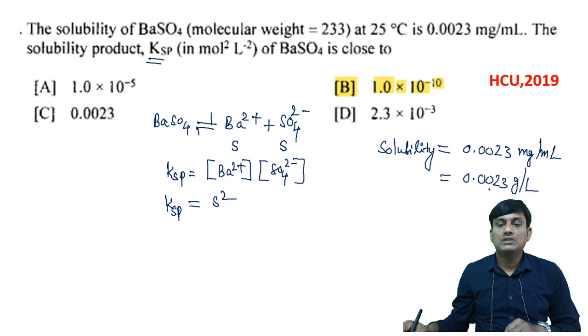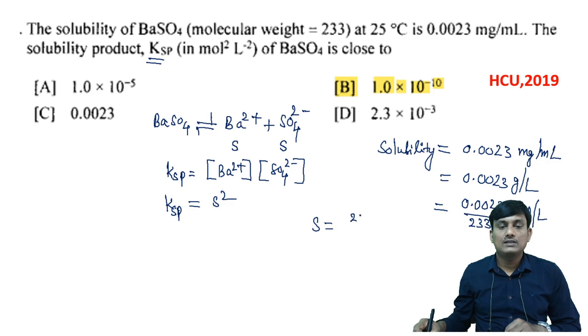When you divide by molecular weight, you will get mole per liter. The molecular weight of BaSO4 is given as 233. So it will be 0.0023 divided by 233 mole per liter.